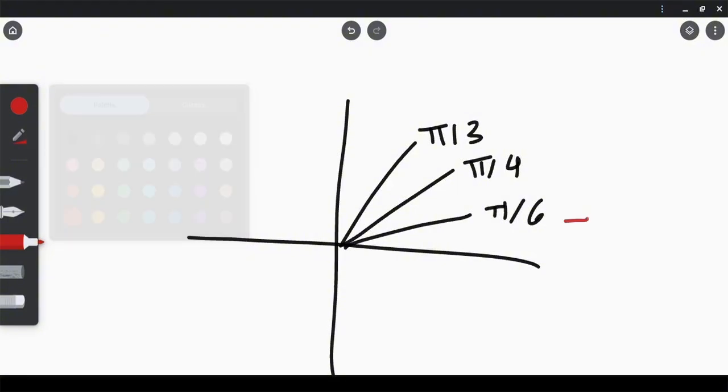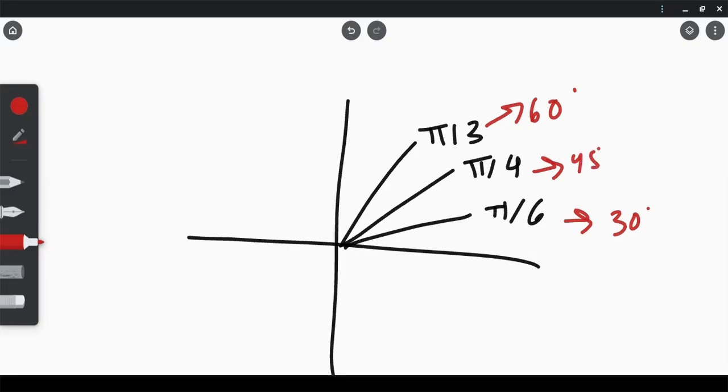What you have to remember is that this one represents a 30, this one a 60, and this one a 45. Why? Because if you go like this, it makes an angle of 45. If you go like this, an angle of 30. If you go like this, it's an angle of 60. And what's an angle of 90 degrees? It's over here. 90 degrees in radians is just pi over 2.